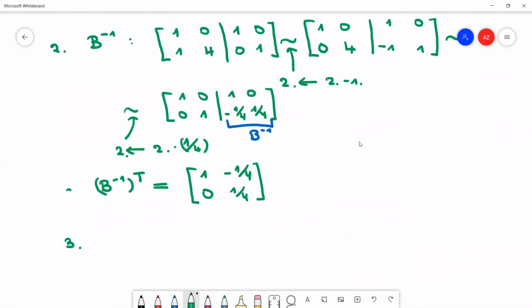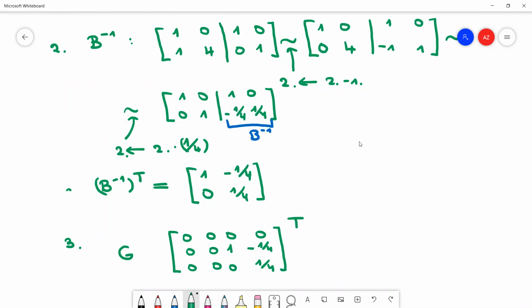So in the third part, we plug in the right lower corner this B inverse transpose, 1, minus 1/4, 0, 1/4, and on other places we have zeros, and transpose everything.